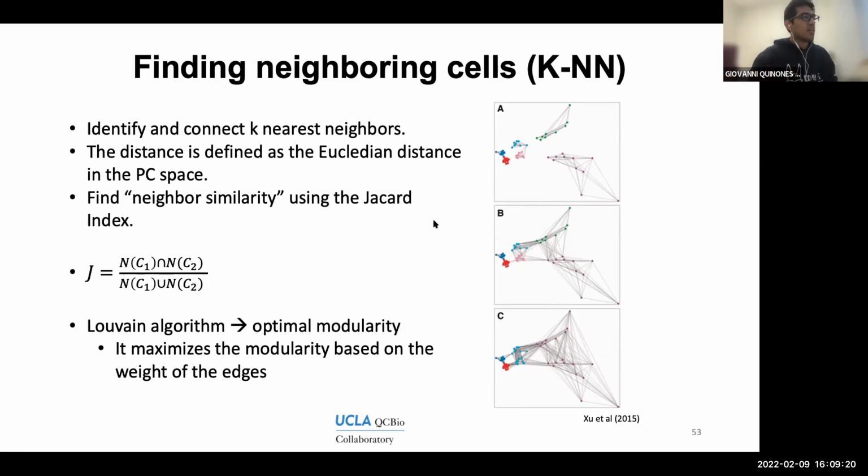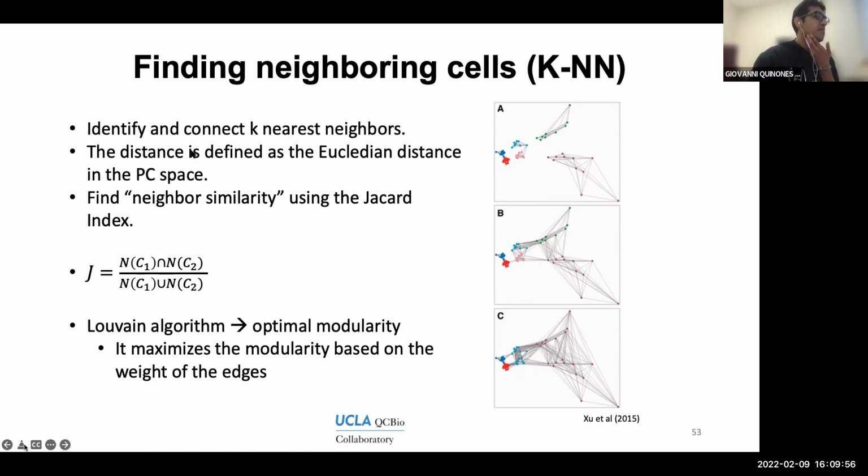I think the main idea circles around this algorithm, which is called k-nearest neighbors. So the question is, we want to find clusters of cells. How do we define that these cells don't just look like they're close together, but they're actually very close together in the PC space? They actually have a very similar gene expression profile. The algorithm being used for that is k-nearest neighbors.